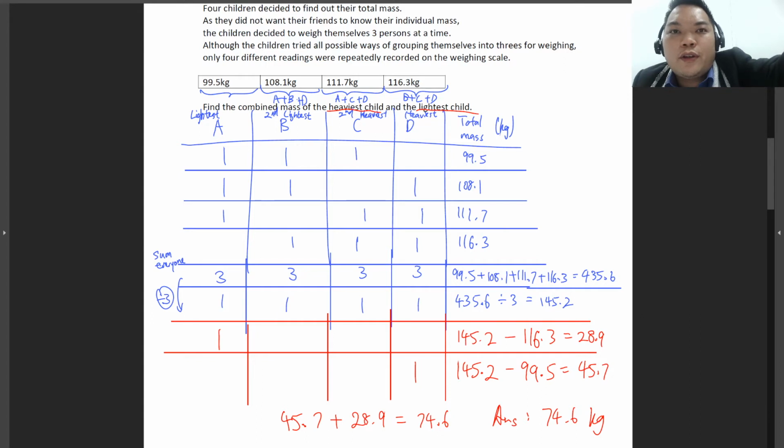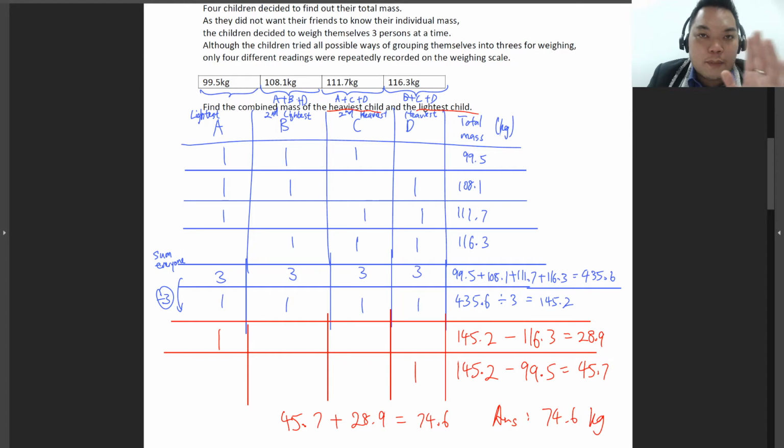No, they just want the combined mass of the heaviest and the lightest child. How can you be sure that A, B, and C is equal to 99.5 kg? Okay, so think through this first. In order for you to obtain the lightest possible mass from 4 children, how can you do that? In what arrangement can you do that?